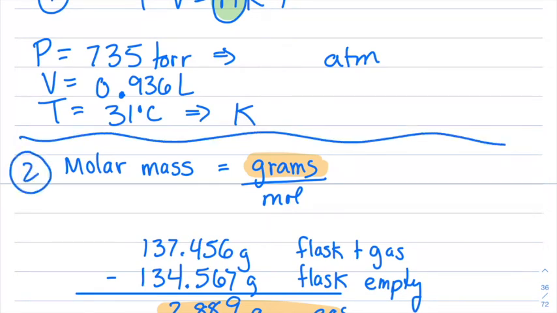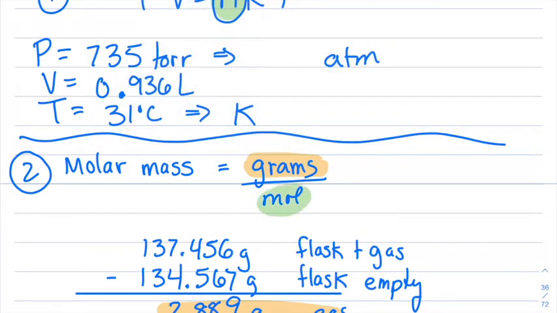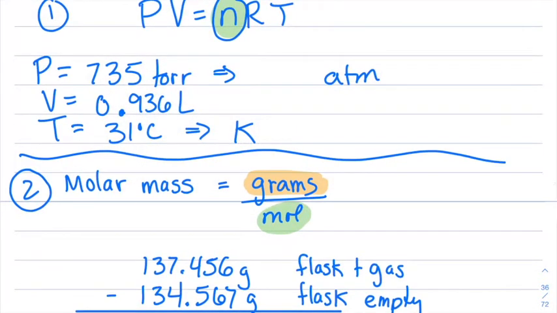So we know our grams, but you will be plugging in the moles. So first calculate N in PV equals nRT, and second calculate your molar mass by putting the grams that we found on the top and the moles that you will calculate on the bottom. So go ahead and give that a shot. Feel free to message me if you have any questions or message anyone in class.